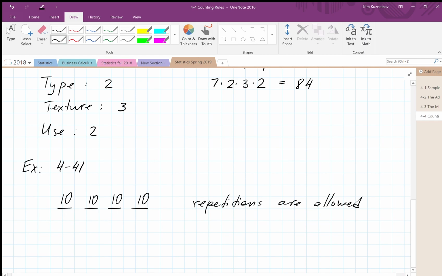The fundamental counting principle tells me that you need to multiply all of the choices. So you end up with 1 with 4 zeros, 10,000 different license plates.